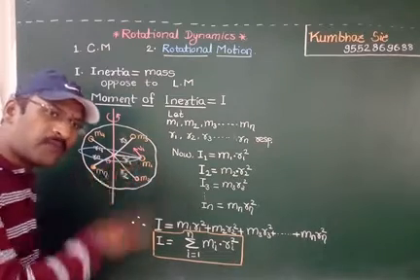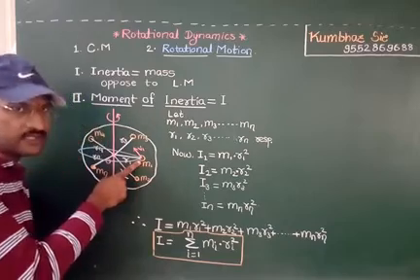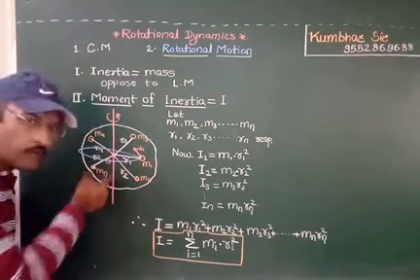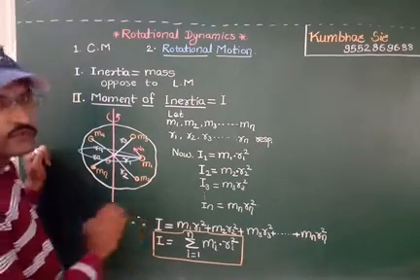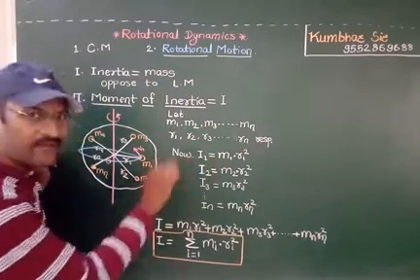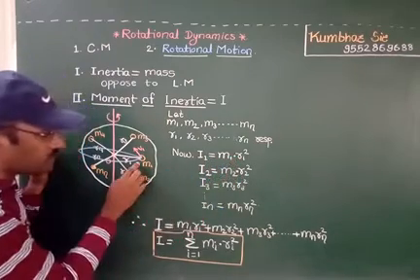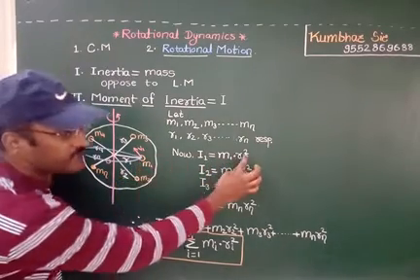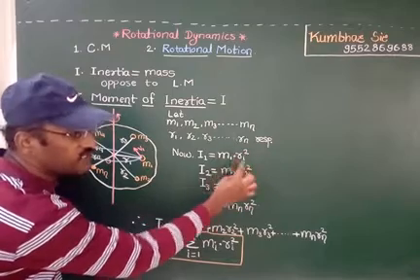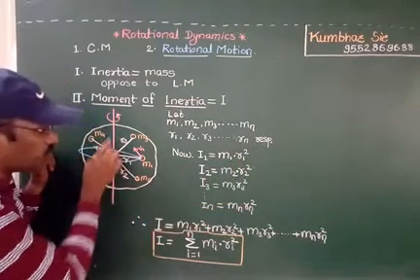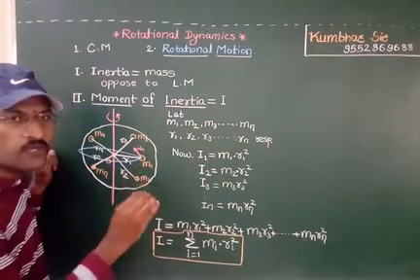Then the moment of inertia of this first particle along this axis of rotation is I1, and I1 equals the product of the mass of the first particle and the square of the distance between the axis of rotation and the mass of the particle.